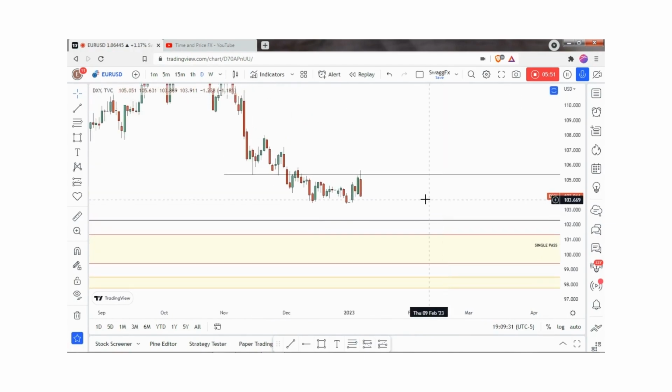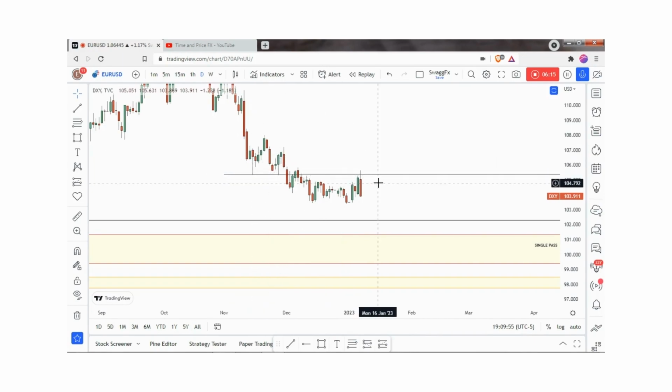So we see that when the daily opened today, it was Friday, we had some news today. I think that was the NFP, the non-farm payroll. We see there was a lot of rejection at this level over here, where we had these bullish candles over here.